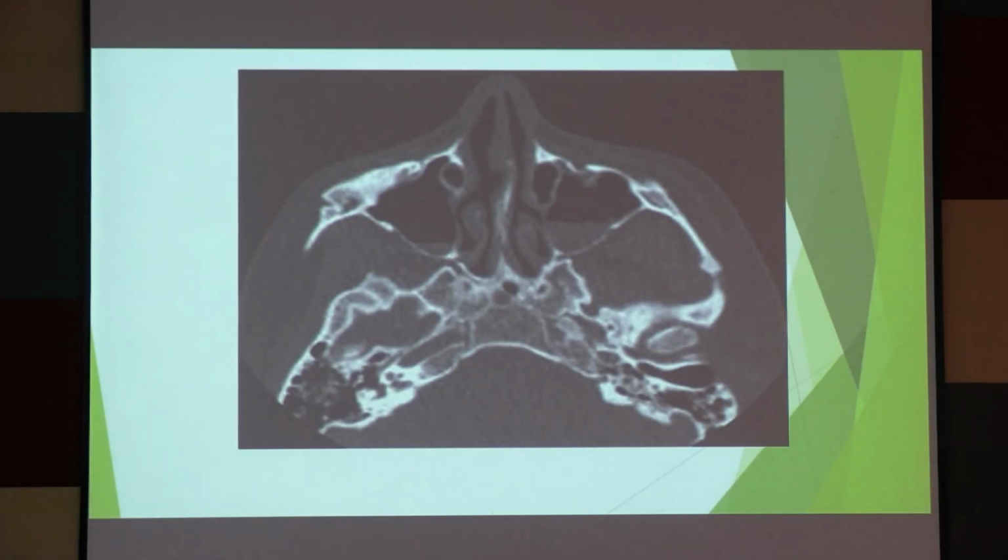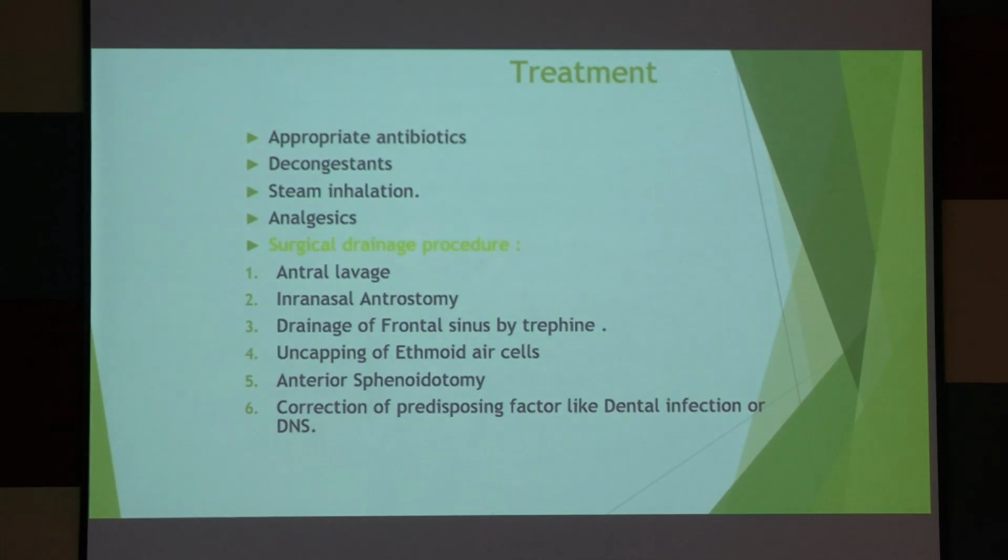So, here also both the sinuses having this kind of sinusitis, and this is the nasal septum, it is also a little bit deviated, right. How you treat? Same thing.